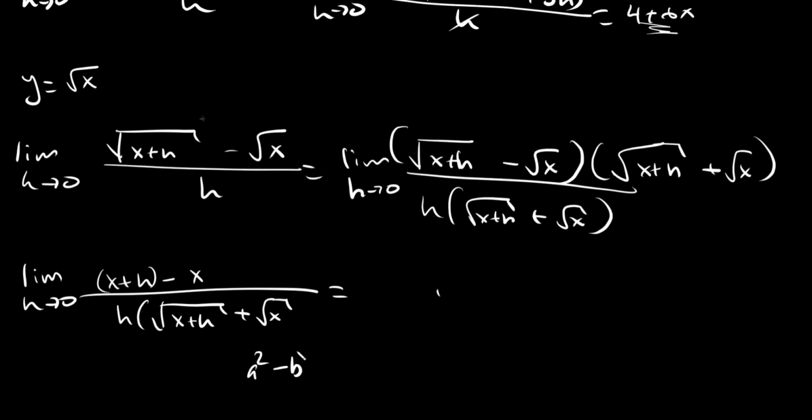Just going to write this again. At this point, this equation should be trivial for you guys. So now let's continue. My x and my x can cancel out, so I'm going to be left with h on top. So let me just erase that part.